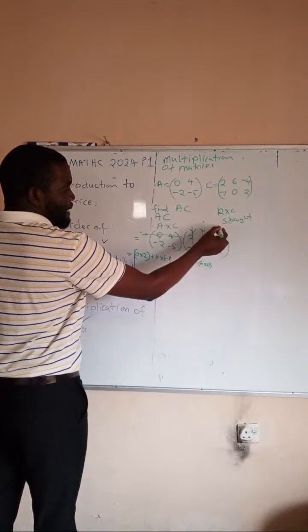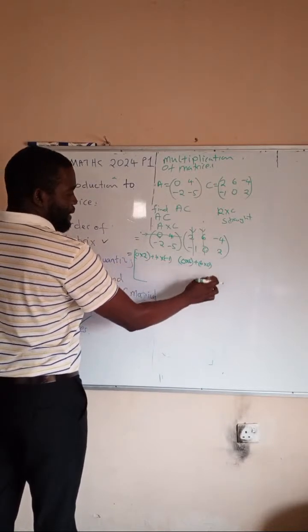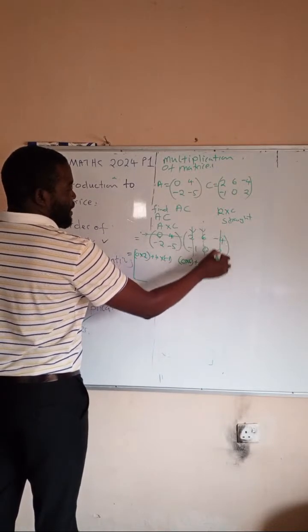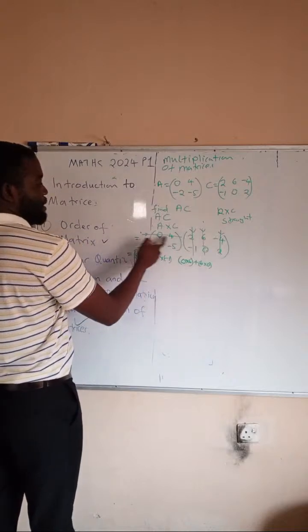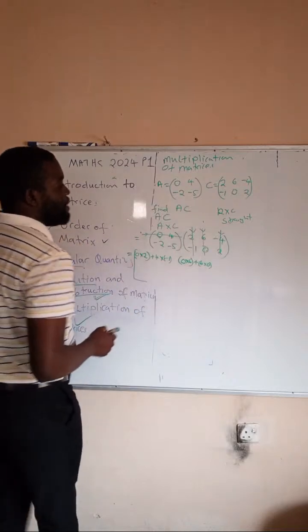Again, we are going to multiply this last column, so also here there will be a space. This column, we multiply it with the numbers in the first row.